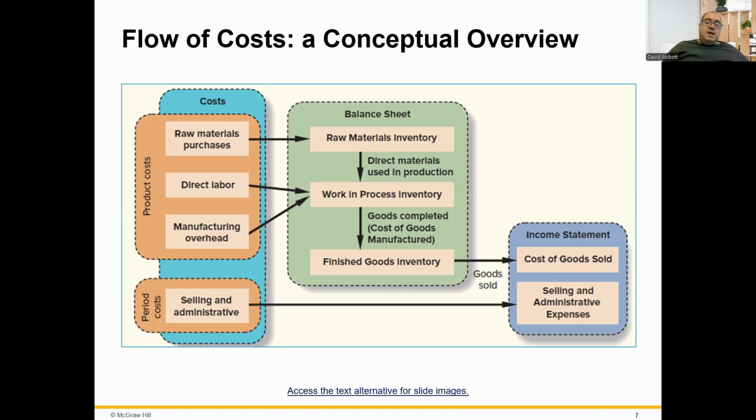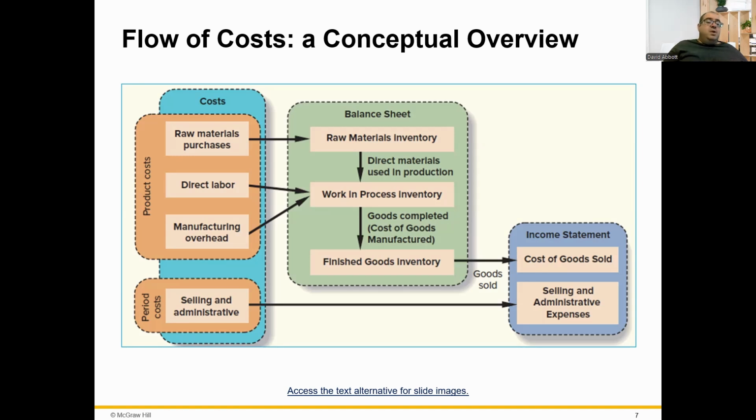So you would debit work in progress inventory, credit direct labor. And then manufacturing overhead cost is applied to work in progress by multiplying the predetermined overhead rate by the actual quantity of the allocation base. Okay, so all those things would go into your work in progress inventory.